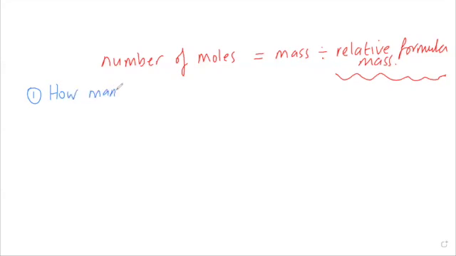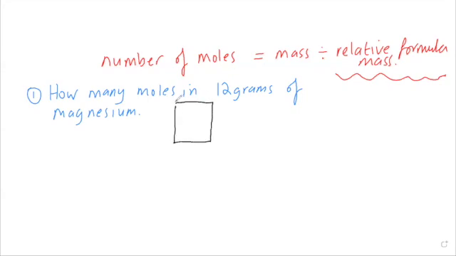Let's start with a question. How many moles in 12 grams of magnesium? So we need to look at the periodic table, and if you look at the periodic table with magnesium in it, the symbol for magnesium is Mg, the top number is 24, and this is the relative formula mass of magnesium.